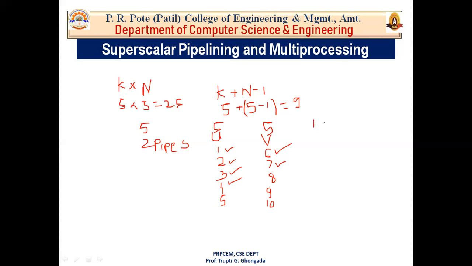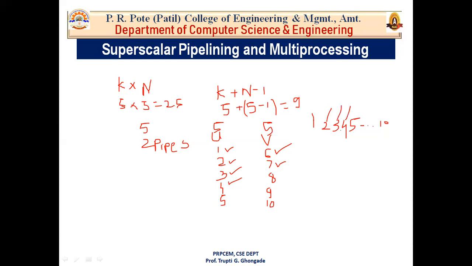This is 1, 2, 3, 4, 5 up to 10. So first 1 goes in the U pipe and 2 goes in the V pipe. Now while decoding 1 and 2, 3 goes in the U pipe and 4 goes in the V pipe.